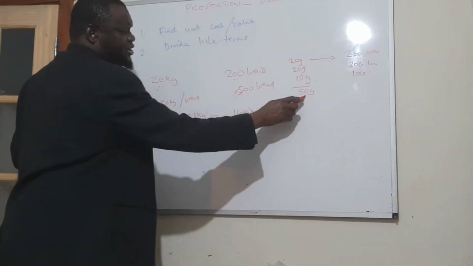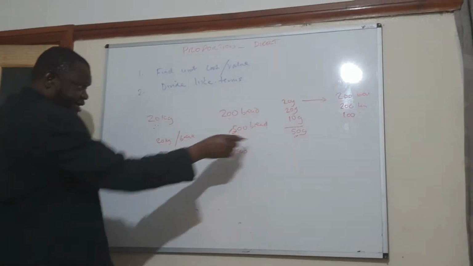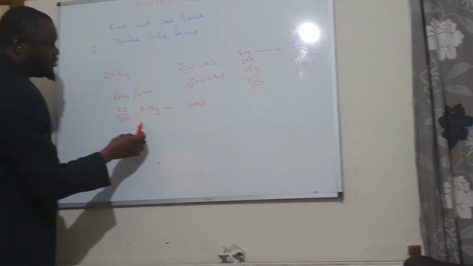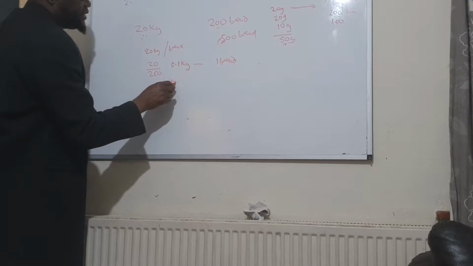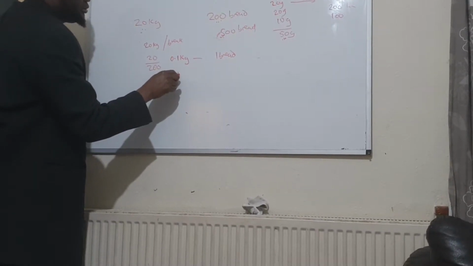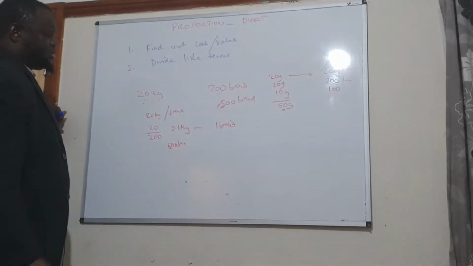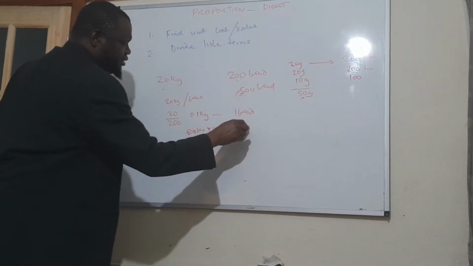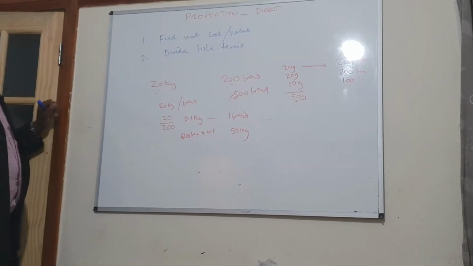You are finding kilograms. So for 500 bread, we need 500 times 0.1. So we need 50 kilograms. Exactly. If you do the other way around, you have it wrong.